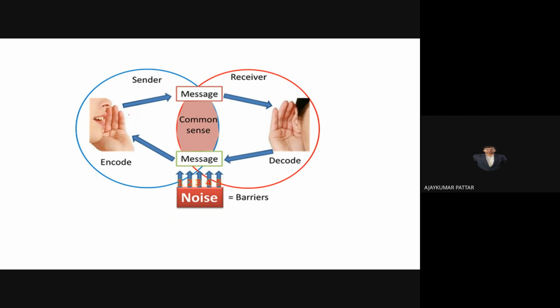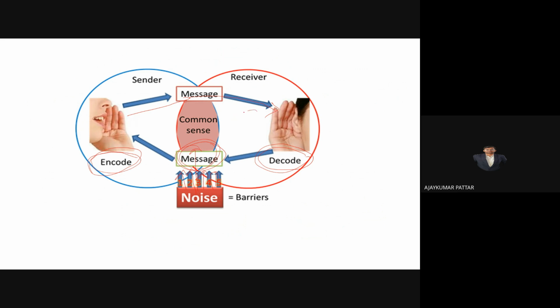See here, the sender is sending the message and the receiver is receiving the message. The sender sending the message, that we call encoding. The receiver receives the message, decodes it, and understands. But because of these noises, the message is getting interrupted.